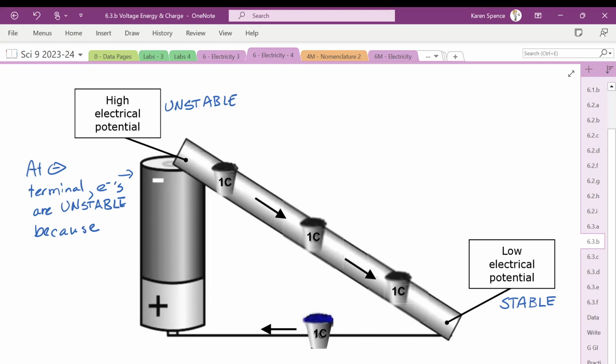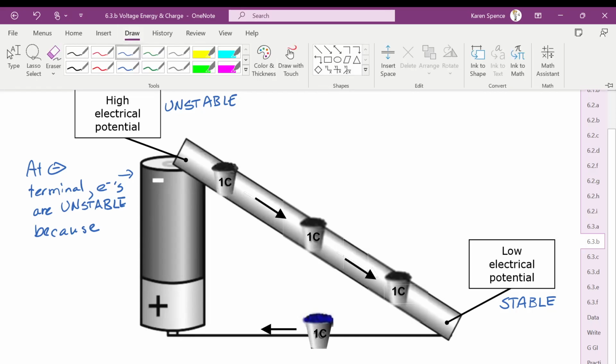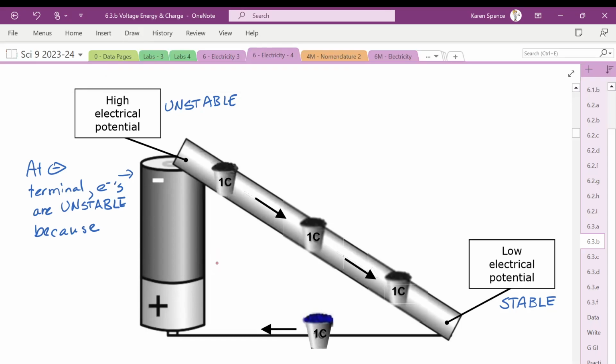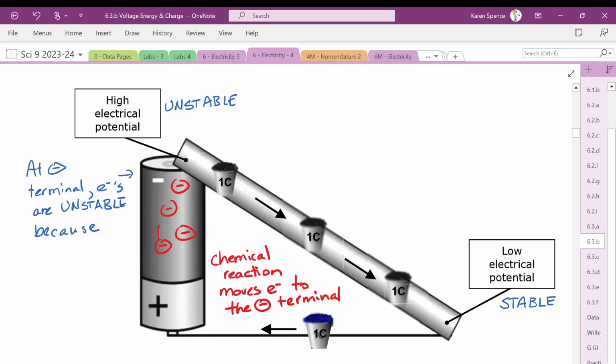Max? Yeah, we get a separation of charge, a chemical reaction moves the electrons to the negative terminal. So if we have little electrons in here, they end up moving upwards.